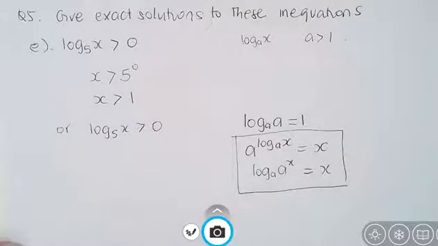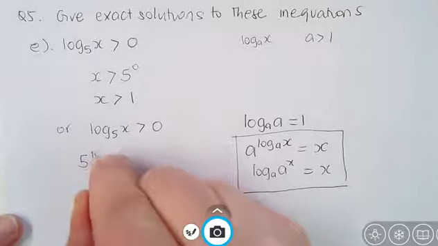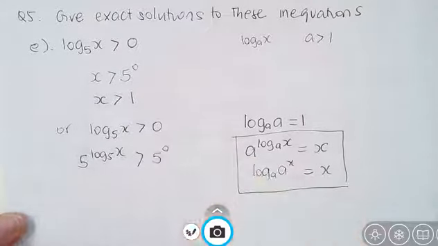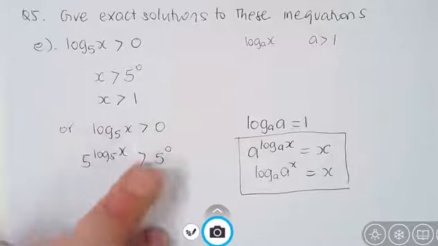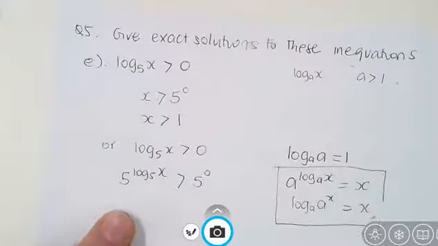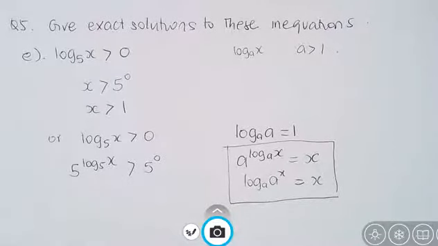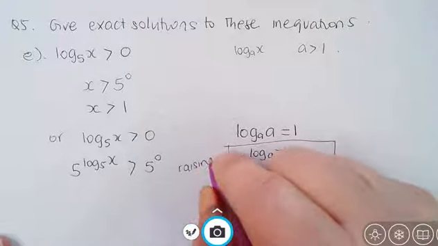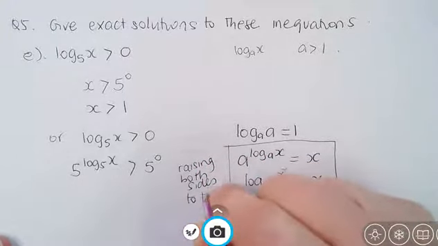in previous questions we were taking logs of both sides. I can take both sides to the power of 5. So not taking logs of both sides because I've already got logs there, and the inverse of logs is your index. So I'm raising both sides to the power of 5.